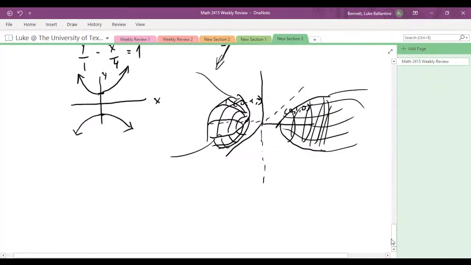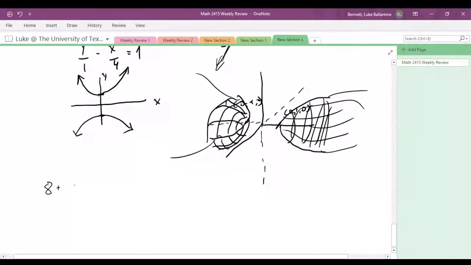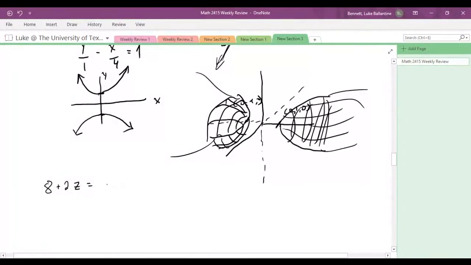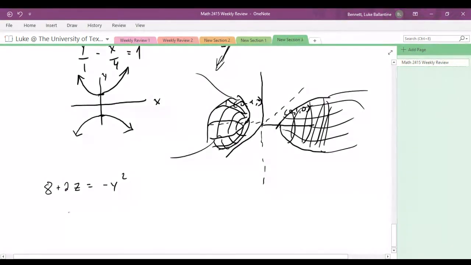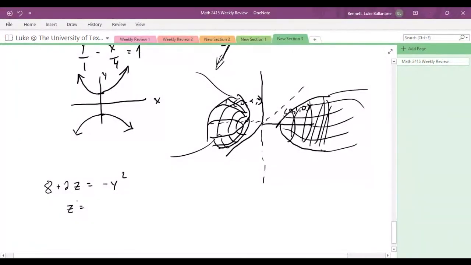Now let's see. We got one more example, and then we're going to go on to vector valued functions and space curves. The example we have is 8 plus 2z equals negative y squared. So solving for z, we get z equals, divide everything by 2 and then move this 8 over, negative 1/2 y squared minus 4.